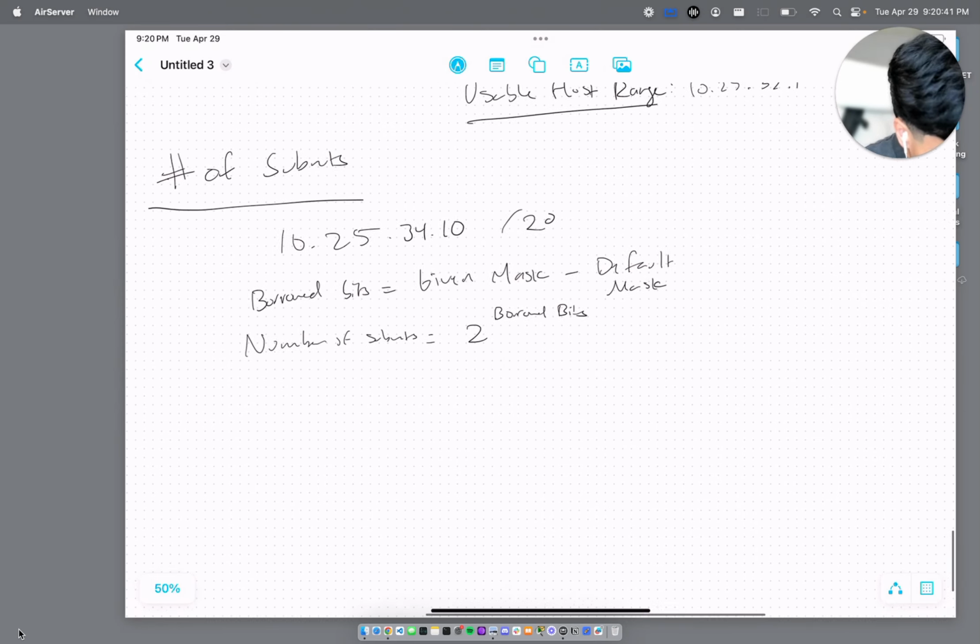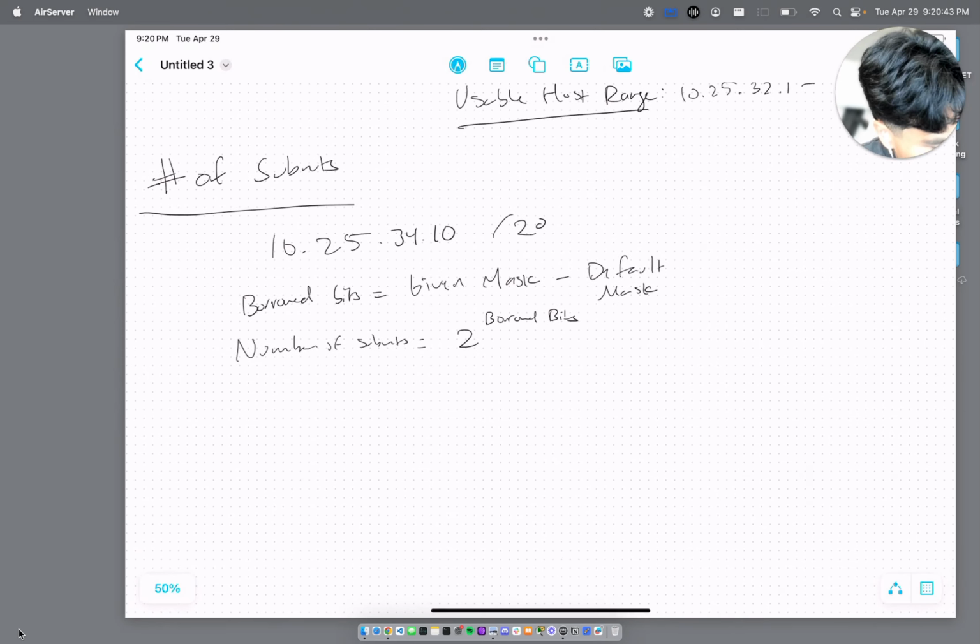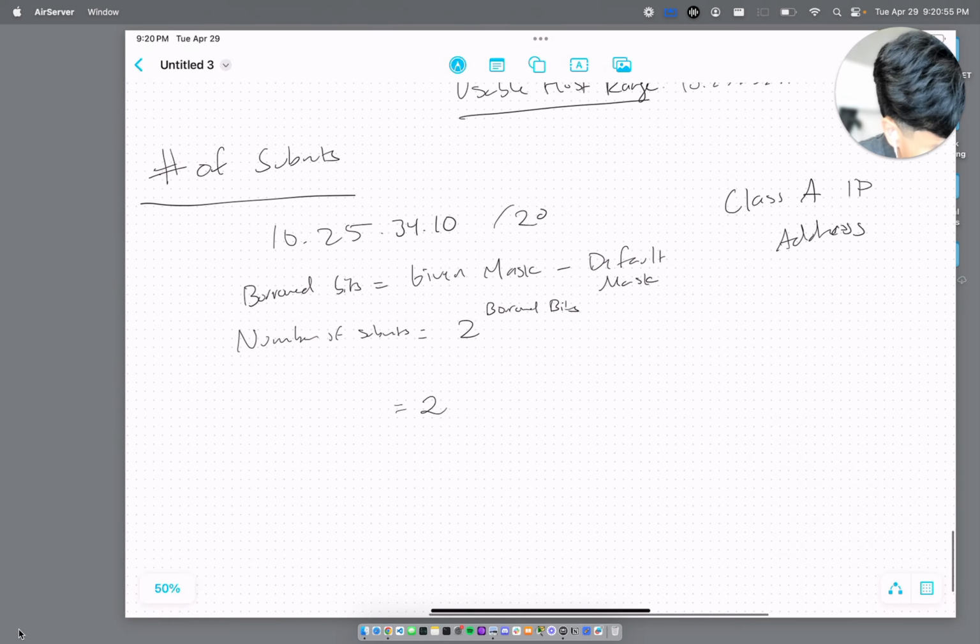So we're working with a class A IP address, right? It's going to be a large number of subnets. The given mask is 20. The default mask for a class A is 8. So it's going to be 12.